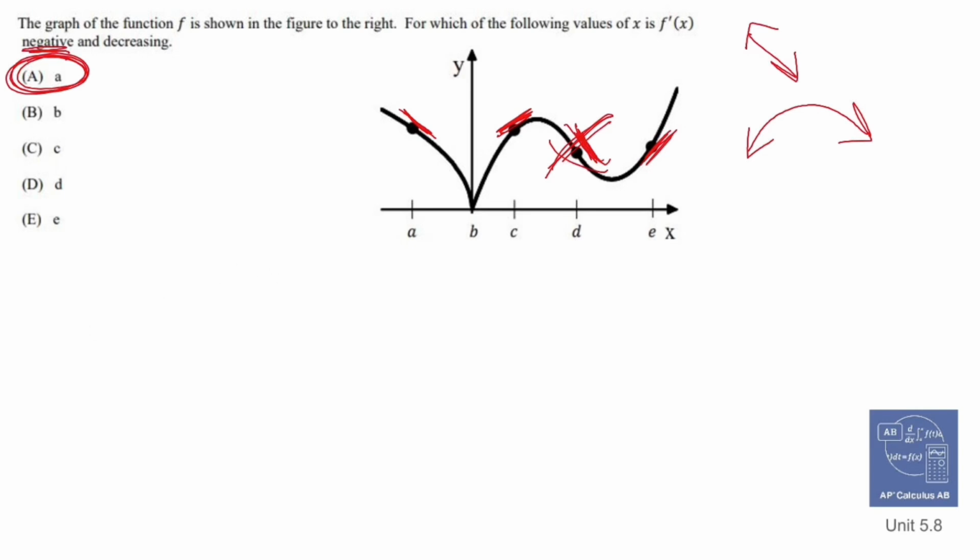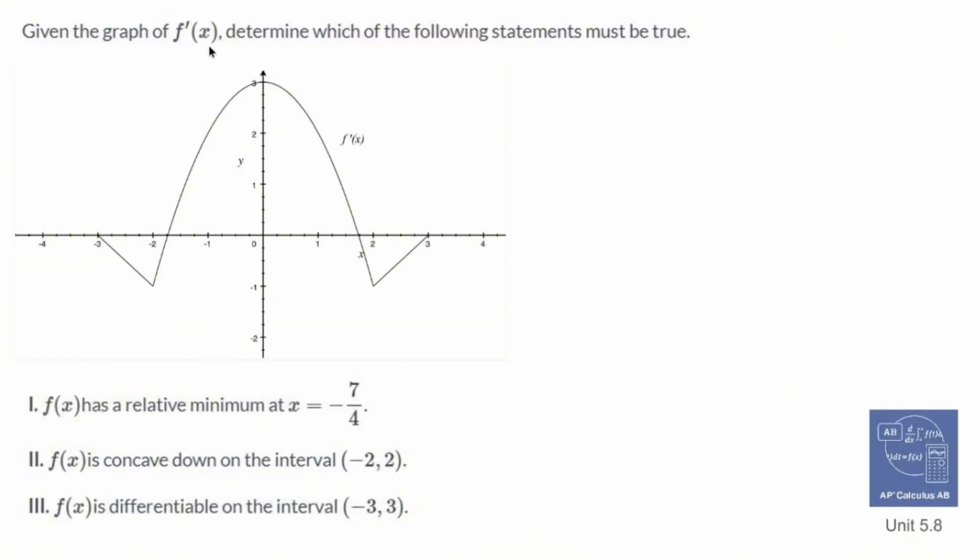But I did it. Given the graph of f prime of x, determine which of the following statements must be true. All right, so this is f prime of x, not f of x. So let's look at these three options. Option number one says relative minimum at wherever. Well, in order for there to be a relative minimum, our derivative must go from negative to positive.